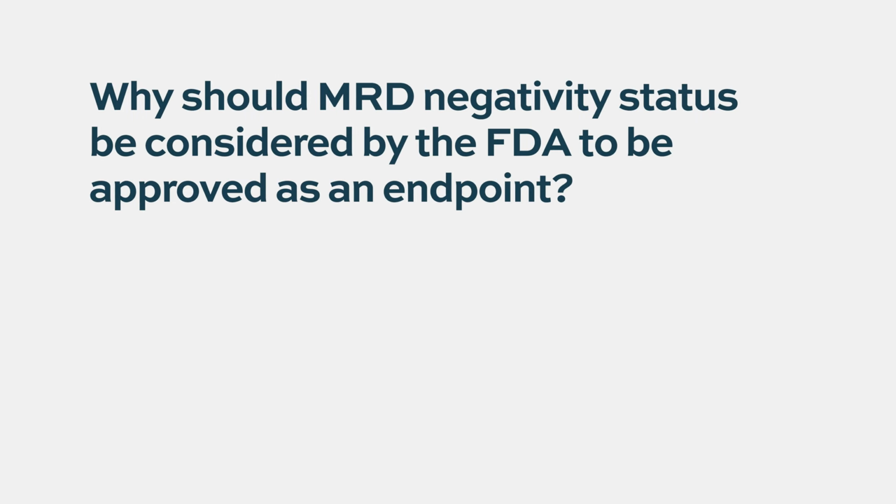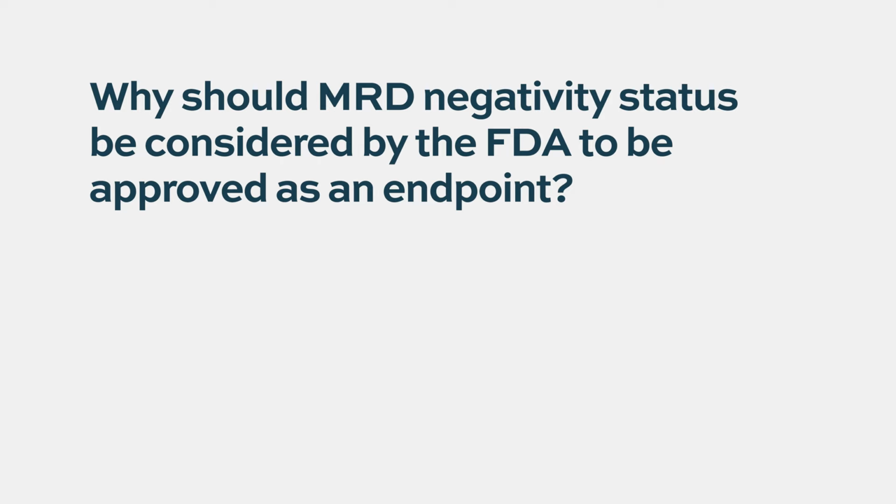You could have the same criticism that it either takes too long or it may not be correlated with other endpoints and so forth. But I think that there are very few other alternatives right now. PFS is not perfect. MRD is not perfect, but I think we could at least agree that it's not worse than any of the existing ones.